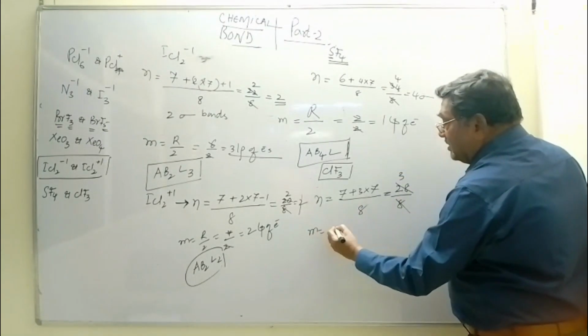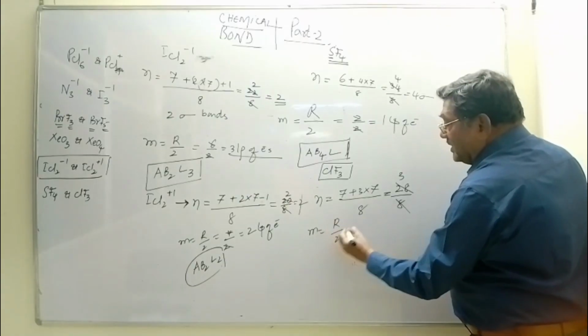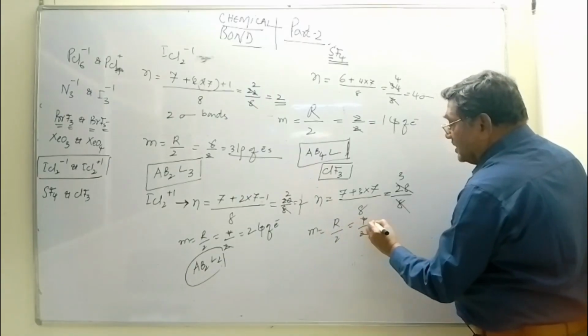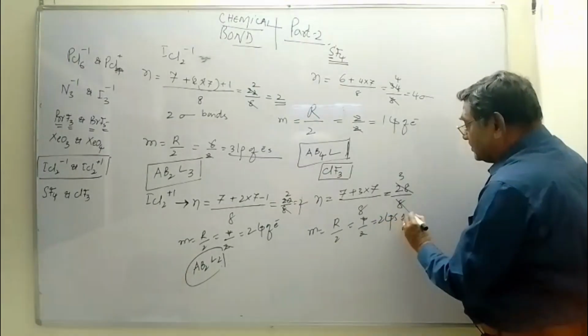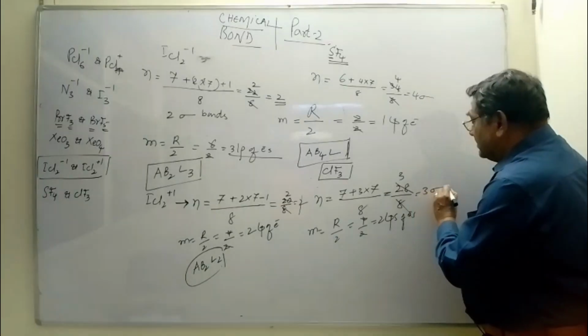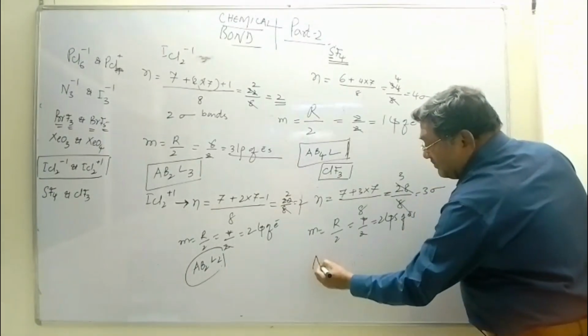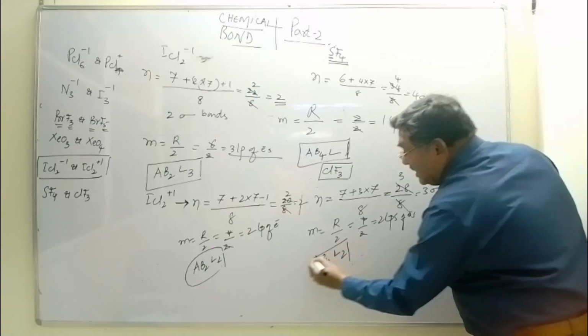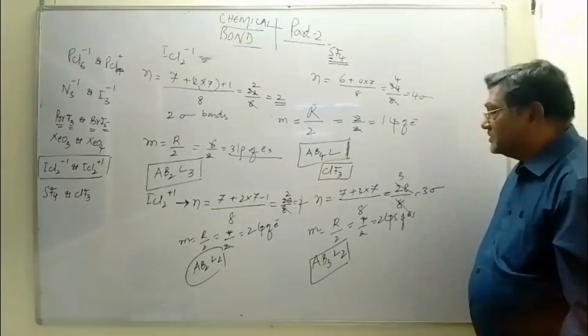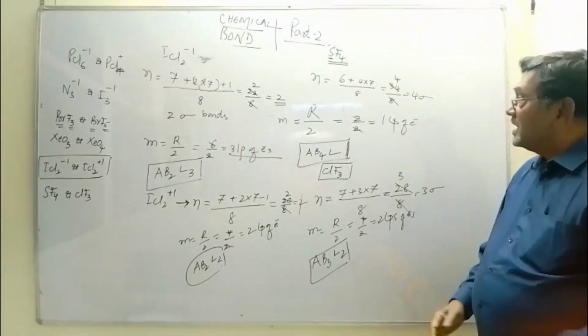The remainder is going to be 4. R by 2, 4 by 2. How many lone pairs? 2 lone pairs of electrons. And this is going to be 3 sigma bonds. The type of molecule is AB3L2. AB3L2 here. That's it, children.